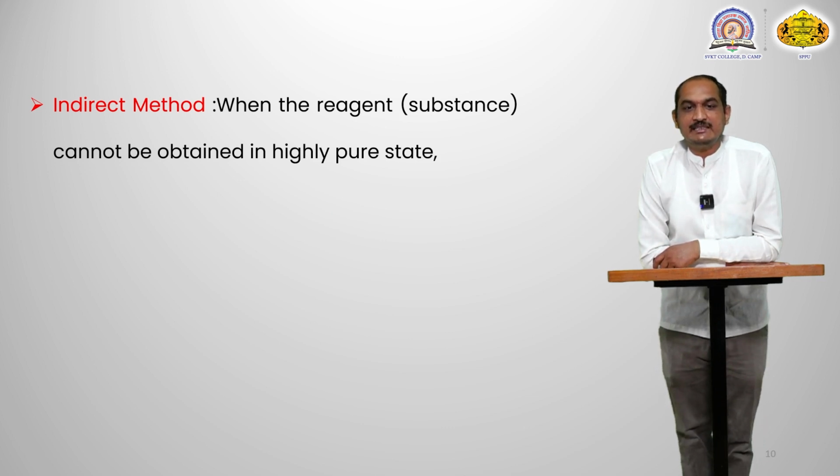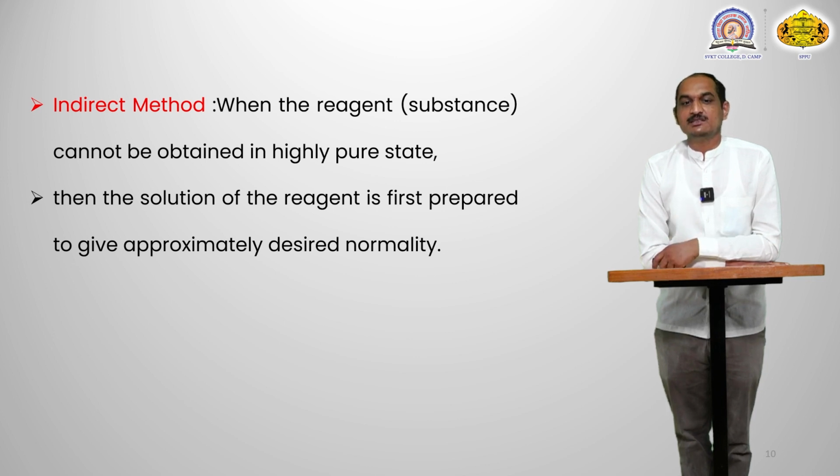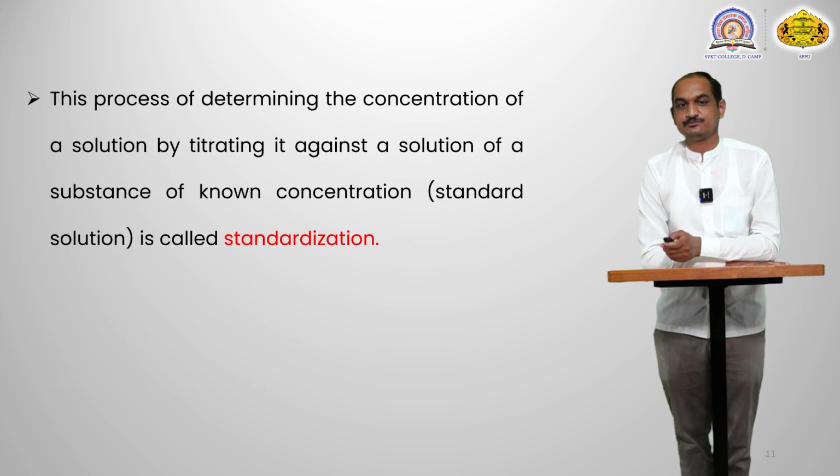The next method is the indirect method. In that, when the reagent or substance cannot be obtained in highly pure state, then the solution of the reagent is first prepared to give the approximately desired normality. Then this solution is titrated against a solution of known concentration, and the exact normality of the solution can be determined.